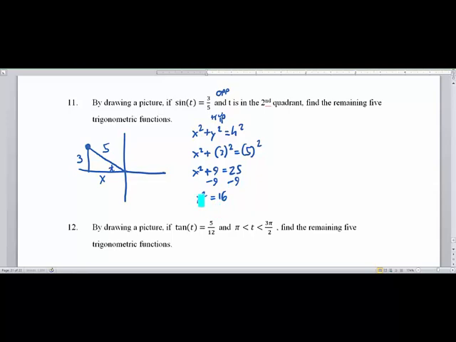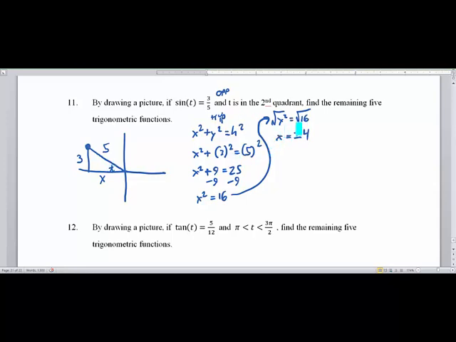X squared is equal to 16. Okay, so I'm going to take the square root of x squared and the square root of 16. So this gives me x is equal to plus or minus the square root of 16, which is 4. A couple of you watching these might have just recognized the Pythagorean triple right away. It's great if you can save yourself some time, but I just wanted to show you how it's derived.